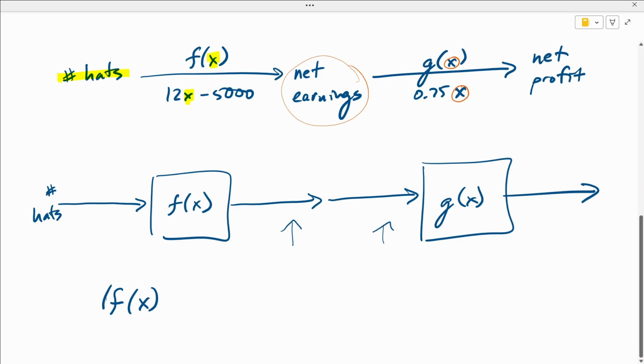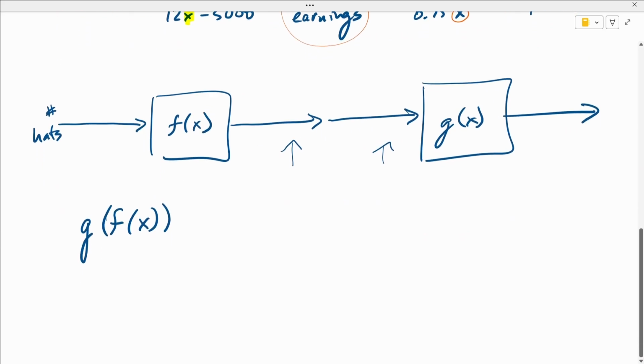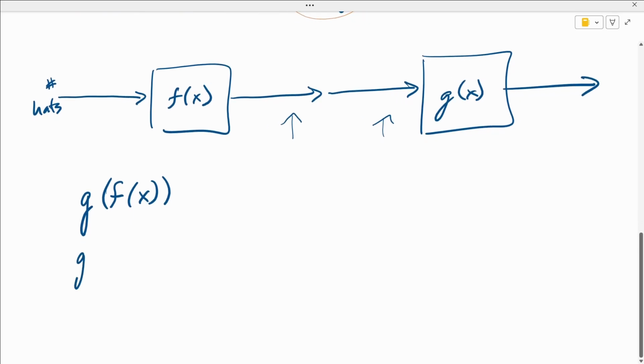So f of x is itself an input of g. The way we say that is g of f of x. Now there's another notation for this, g of f of x.